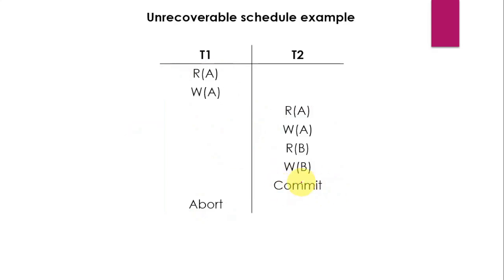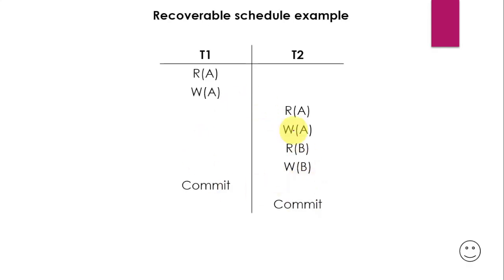And for an example of a recoverable schedule, if you see here, T1 is performing the first 2 operations, read and write on A, and the modification performed by T1 is read by T2. After it has performed up to here, it is still waiting for T1 to commit.